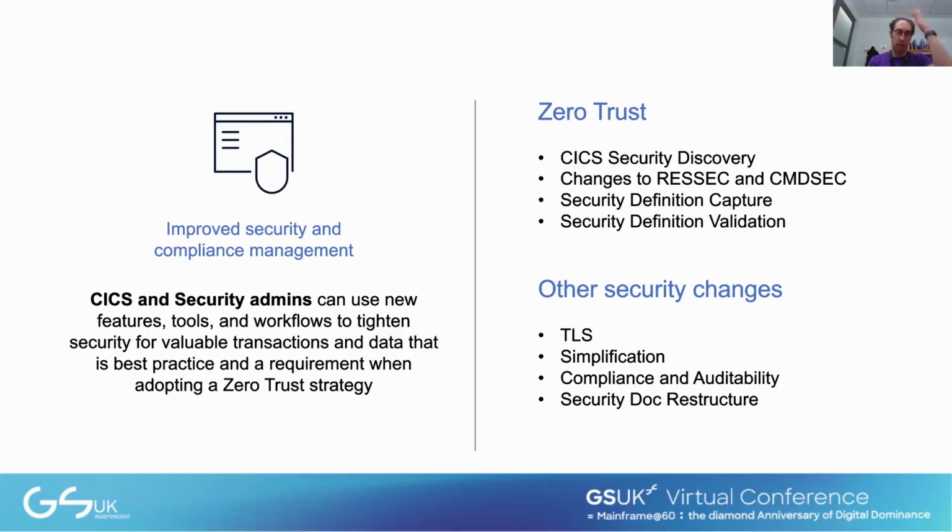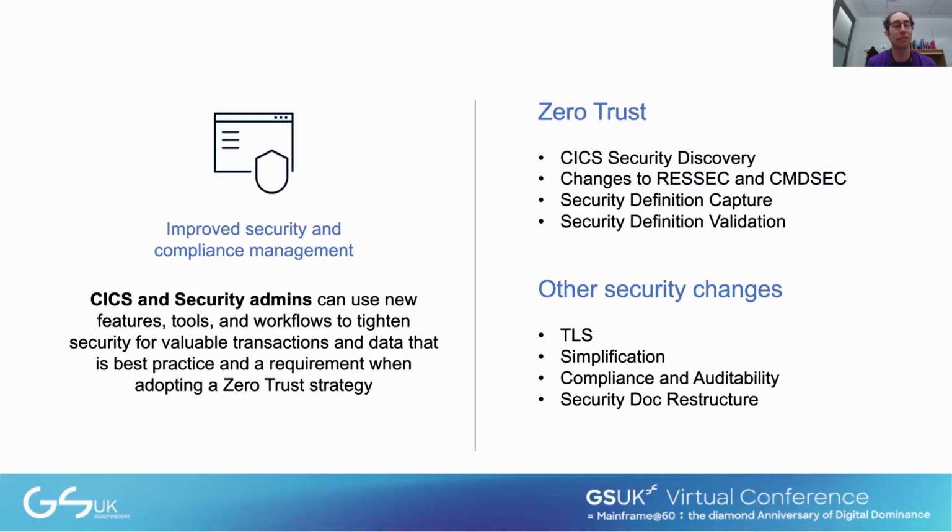So what are the main themes for the changes in 6.2? We're looking at improving security and compliance management. Can we make your job of dealing with security in CICS easier, take away some burdens, and give you greater security controls with less overhead?